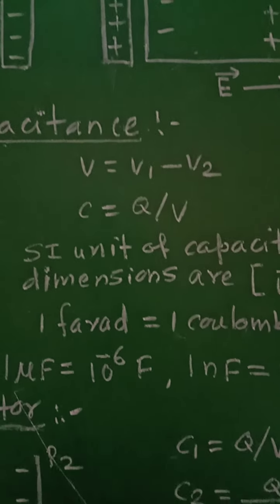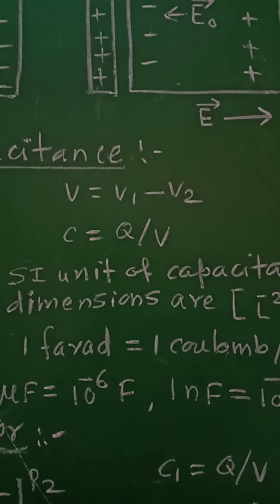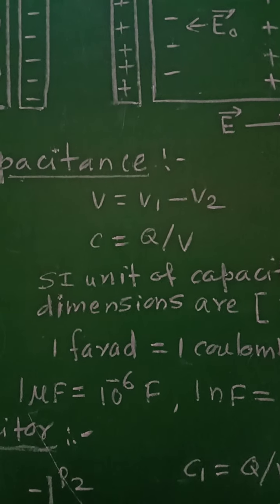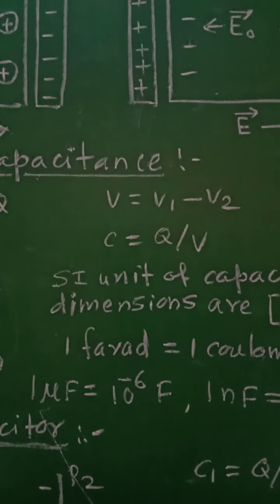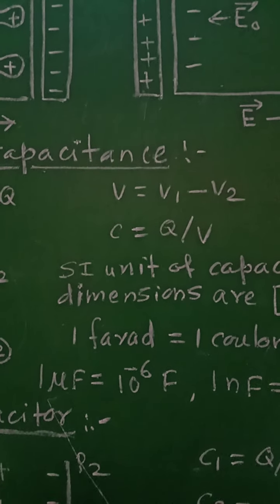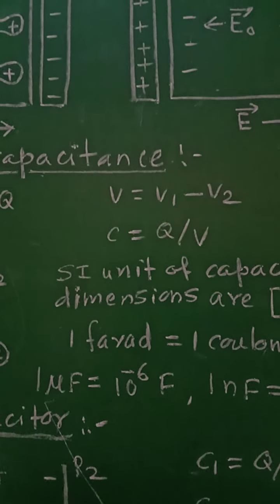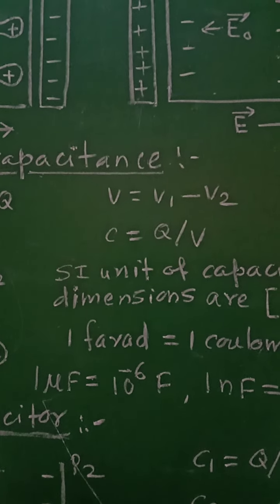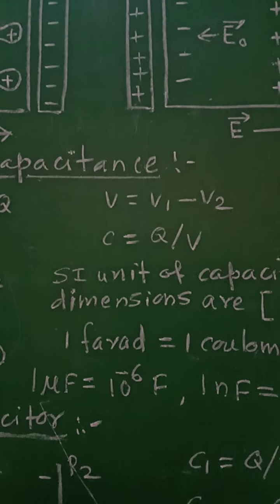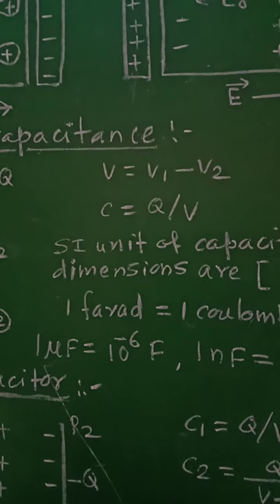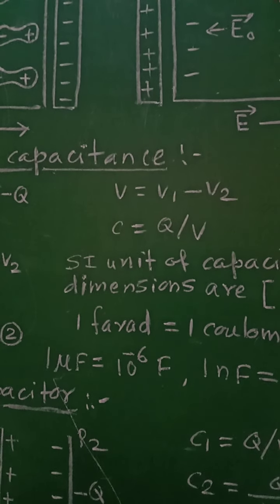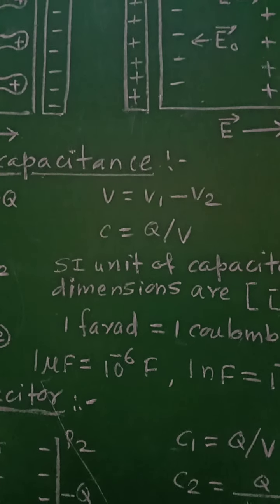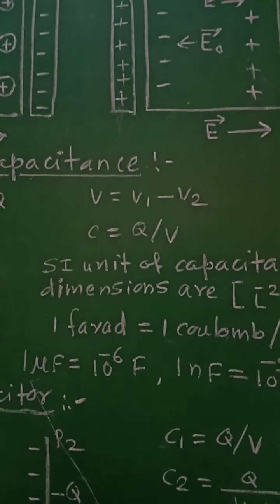As phi is proportional to Q, C is equal to Q by phi, where C is the constant of proportionality, which is called the capacitance of the capacitor. C is the capacitance of the capacitor, which depends on the size, shape and the separation of the two conducting plates. The capacitor will have its capacity C, which will depend upon the size, shape and the separation between the two plates or the conductors.